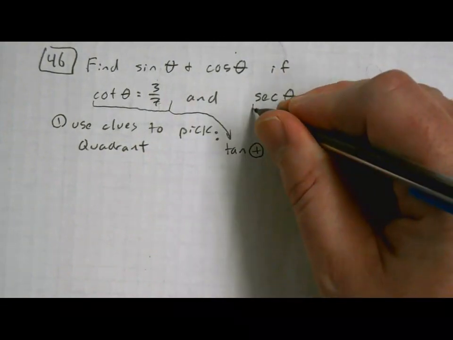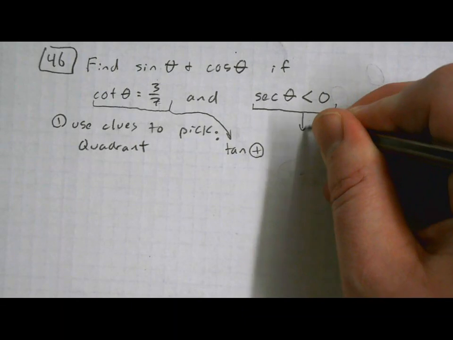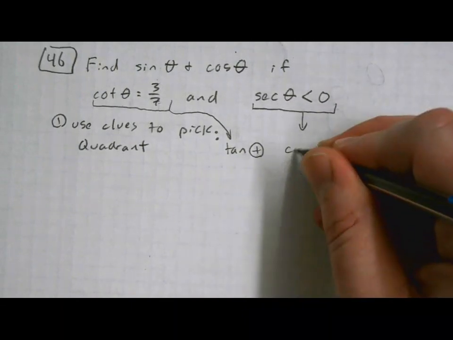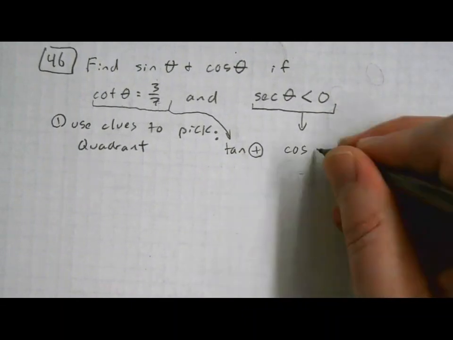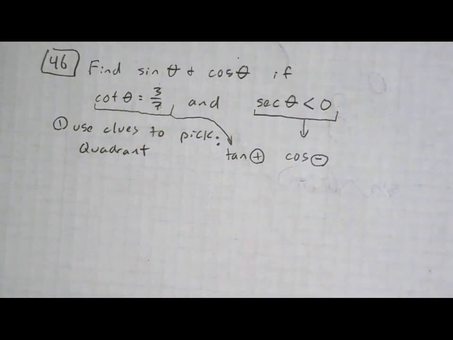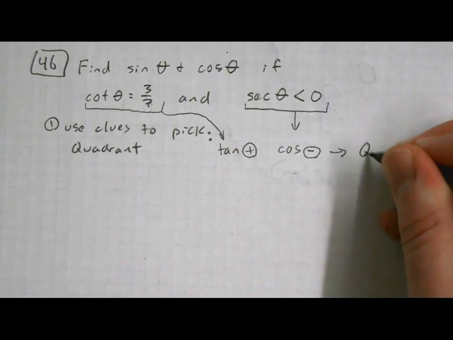And secant is negative. That means that cosine is negative. Those two clues are enough for me to figure out what quadrant it's in. Where is tangent positive and cosine negative? That's quadrant 3.